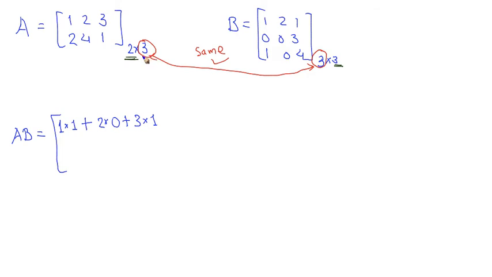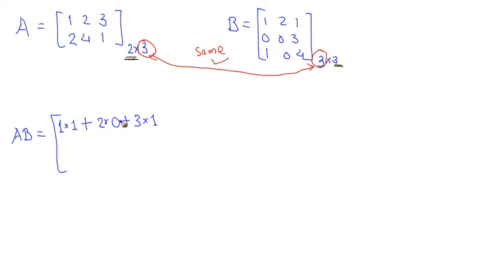There are 3 columns here, so 3 entries, 1, 2 and 3, and 3 rows here, so 1, 2 and 3 entries. They match, and that is why we can multiply like this. So 1 into 1 plus 2 into 0 plus 3 into 1. This is just the first entry.